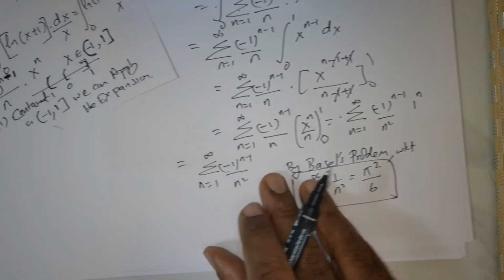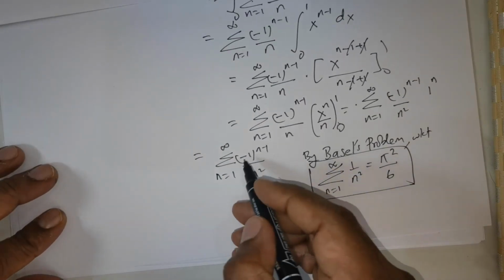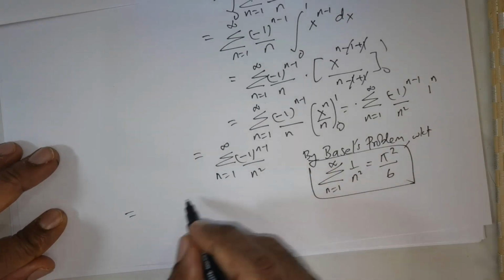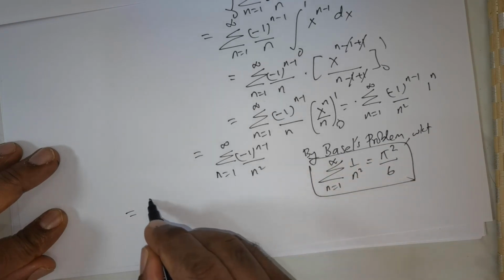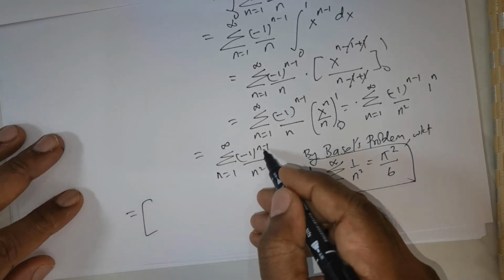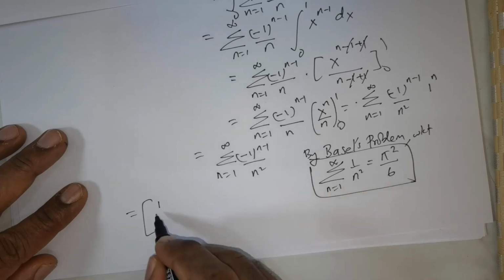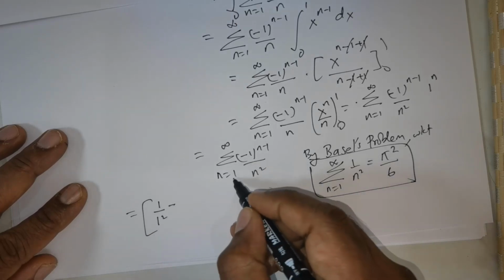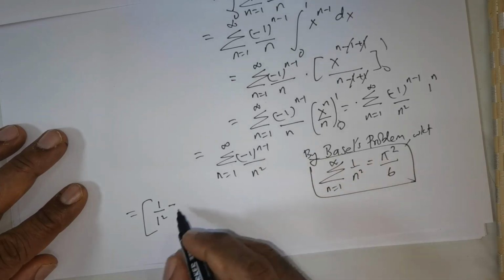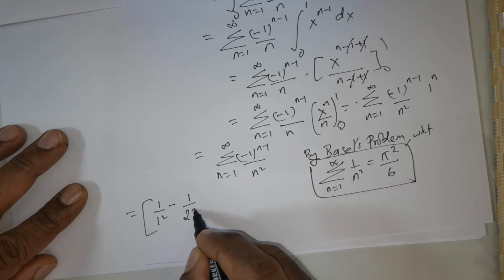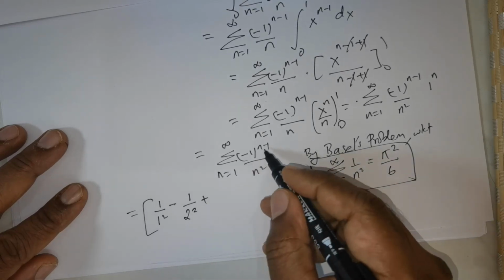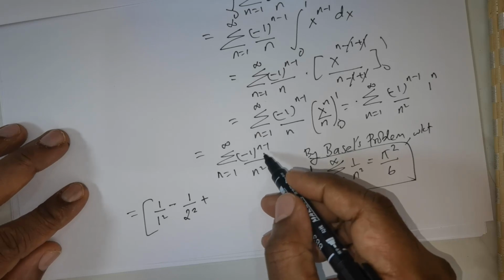Now before evaluating, if you study the terms: n equals 1, you get 1 minus 1, that's going to be 0, so the term is 1 over 1 squared. N equals 2, 2 minus 1, that's going to be a negative 1 divided by 2 squared.